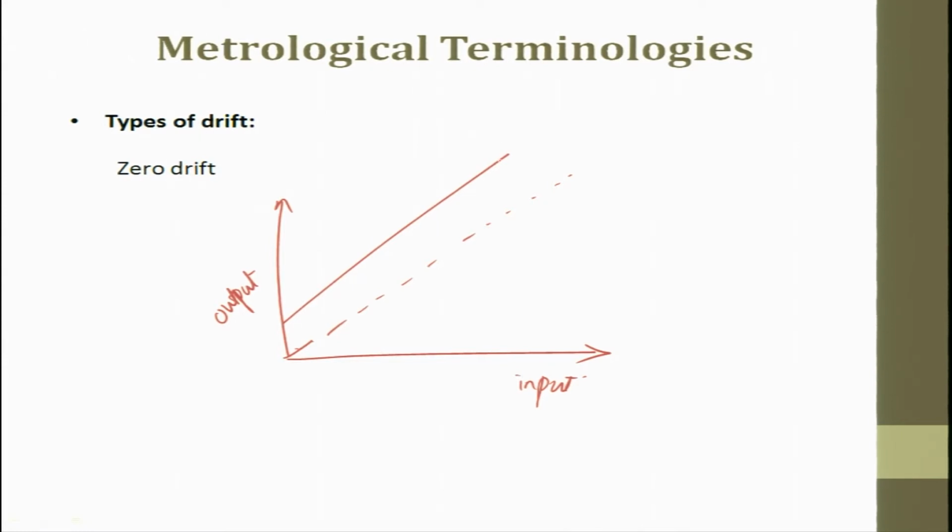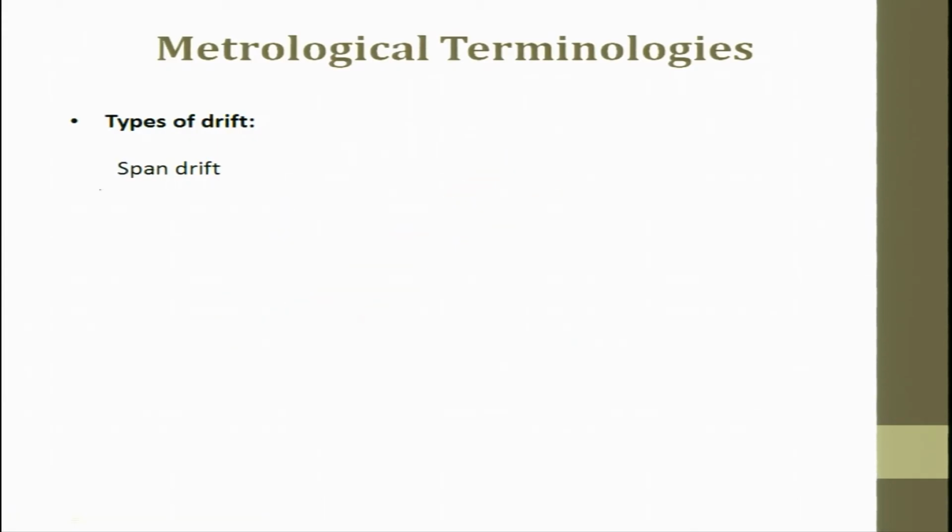This is the drift which happens when the starting point shifts, and the slope is almost constant. This is zero drift.